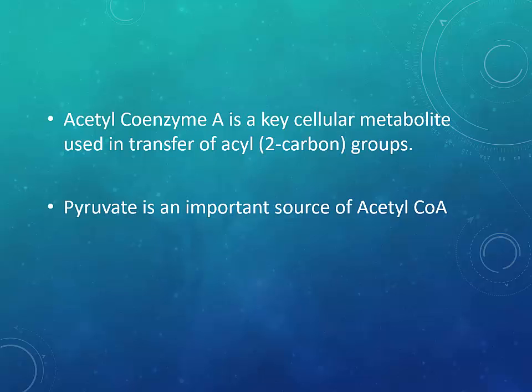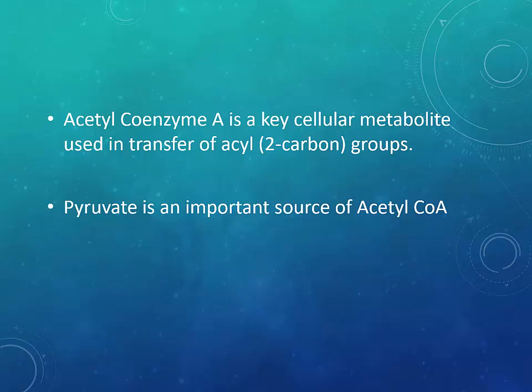Acetyl-CoA is a very important cellular metabolite, used in the transfer of acyl groups, but two carbon, hence the term acetyl groups. For example, when we take glucose and break it down to glyceraldehyde 3-phosphate, a triose that has three carbons, the glyceraldehyde 3-phosphate will be converted to pyruvate, also three carbons.